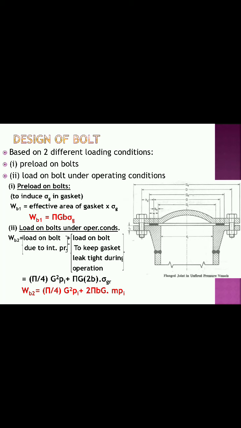By putting the formula, load on the bolt due to internal pressure pi by 4 G square Pi plus load on bolt to keep gasket leak tight, that is pi G into (2B) into sigma GR, we will have WB2 is equal to pi by 4 G square Pi plus 2 pi B G into M Pi. So here you can calculate the loading conditions based on preload and the operating condition.